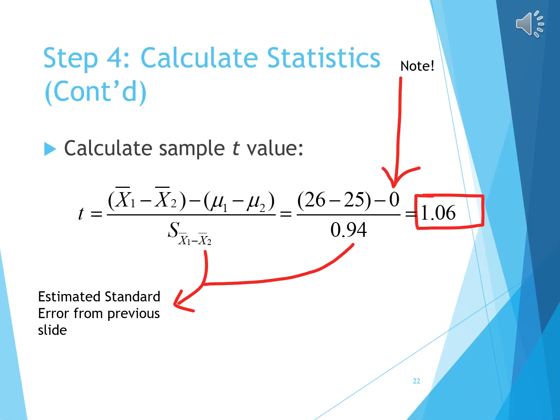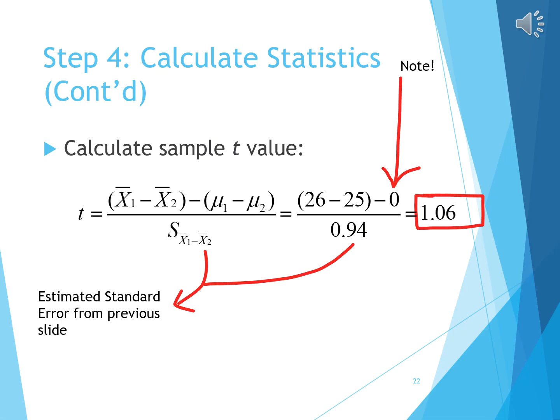Of course, we have to actually calculate the t-statistic for the independent samples t-test, and it has a new formula, although it's reminiscent of the dependent samples t-test. We take the mean of sample 1, x1 bar, minus the mean of sample 2, and subtract from that term the estimated population mean difference, mu1 minus mu2.